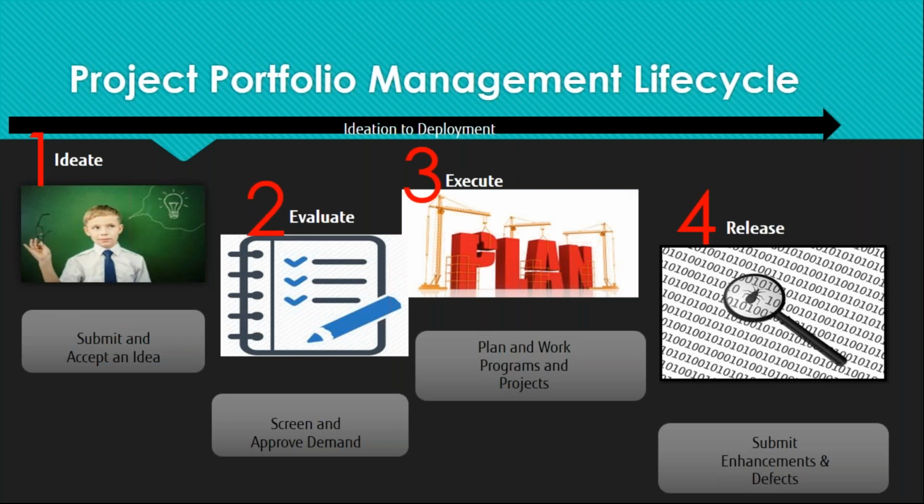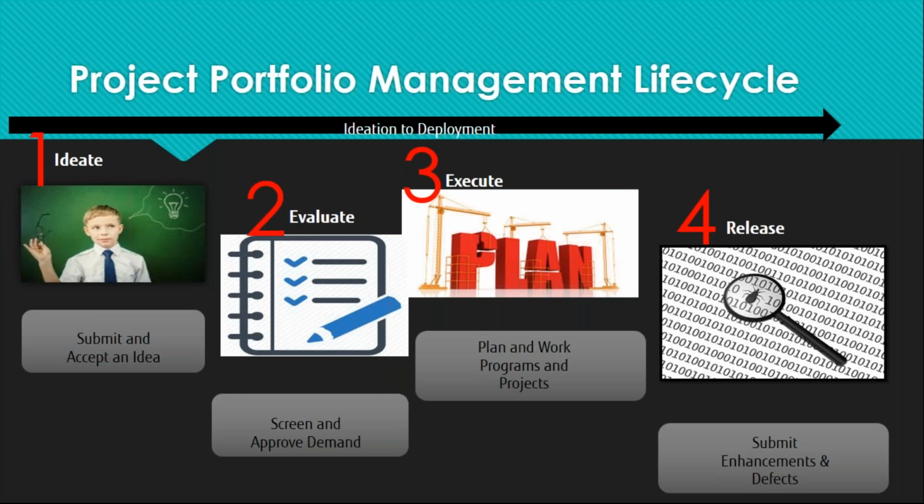Are these operational work, or are they capital work? Capital and operational are two types of demands. Operational is to keep things running, and capital is to introduce a whole new system from scratch.